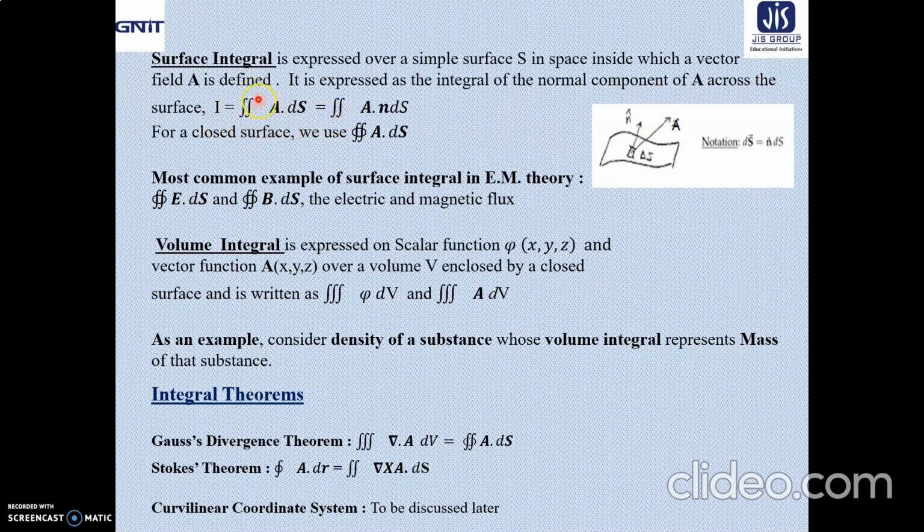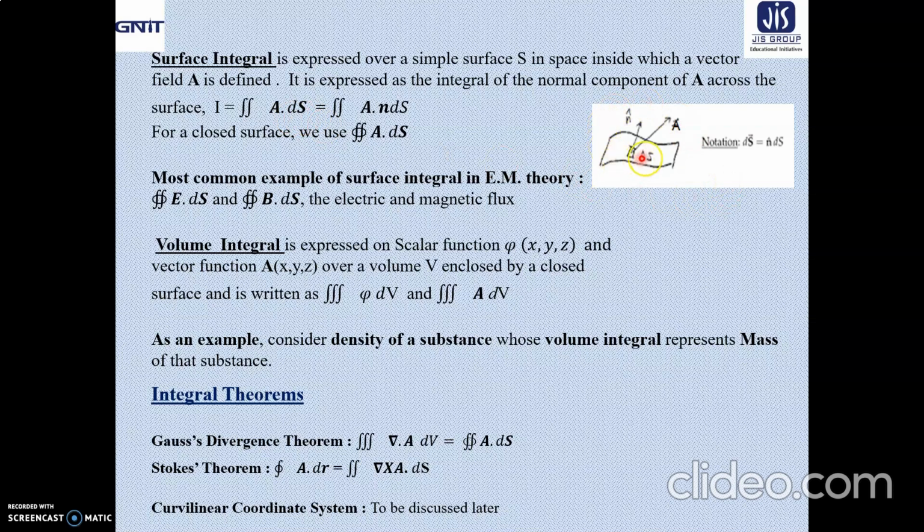The double integral sign here represents the surface integration of A dot dS. This dS is called the areal vector. It can be written as A dot n cap dS. Here dS is the magnitude of the dS vector, and n cap represents the unit vector perpendicular to the surface, representing the areal vector as a whole as the dS vector.